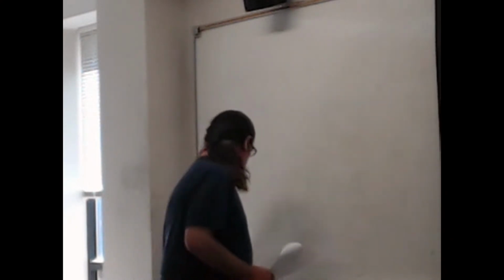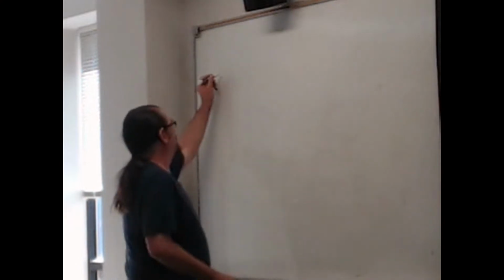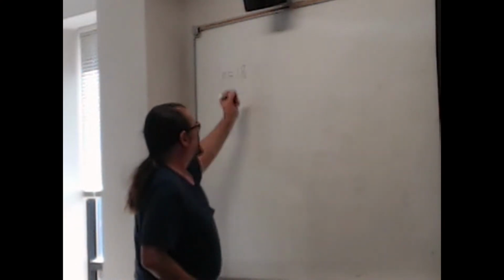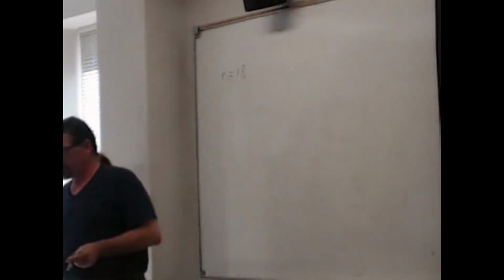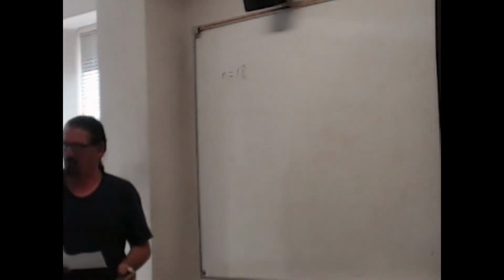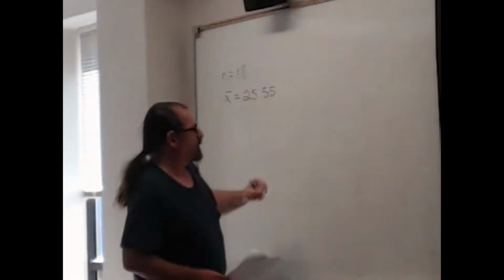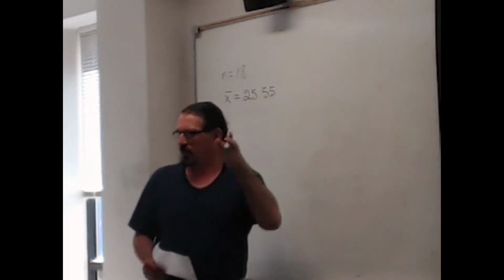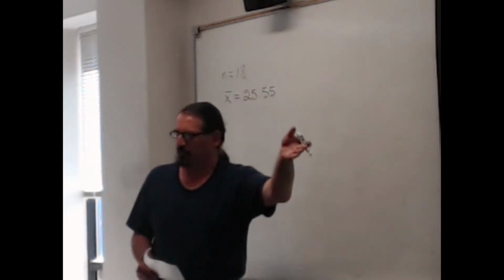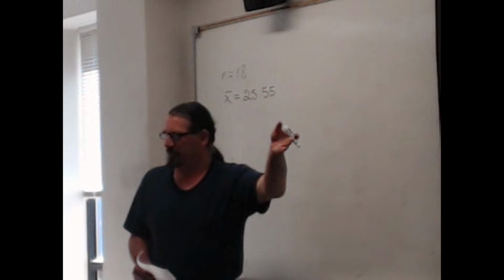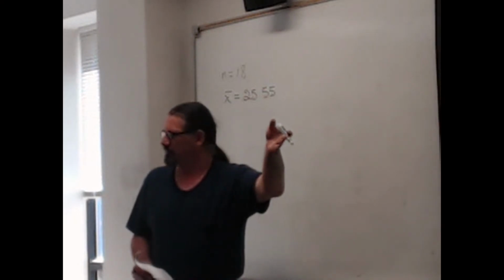So if I remember right, we had a sample of 18 newts, and we found that the sample mean, X bar, was 25 point, a bunch of 5s repeating, and then a 6, correct? Does that ring a bell from the notes?